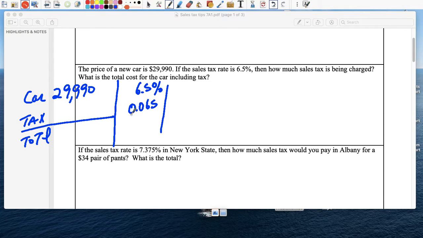And then we're going to take that 0.065 and multiply by 29,990. So let me just do that. 0.065 times 29,990 equals, so here's my tax, $1,949.35.